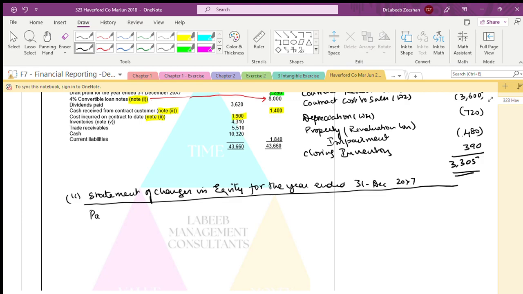Particulars: share capital, other components of equity, retained earnings, and revaluation surplus.